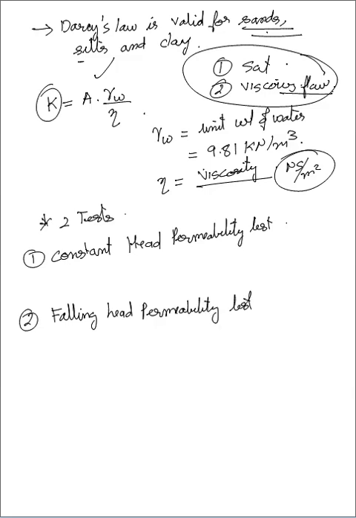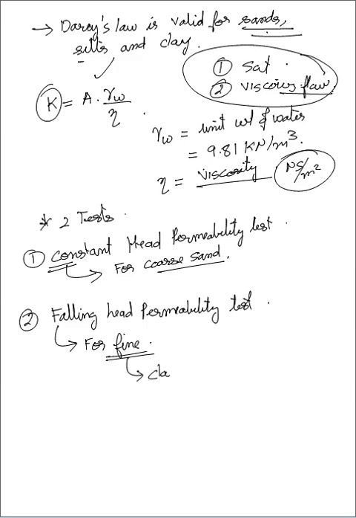The formulas are also different, but remember constant head from C: it is for coarse sand, and falling head is for fine. Fine means anything like clay. So falling head is applicable for clay, and for sand the constant head permeability test is applicable.